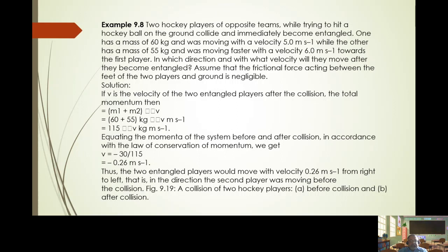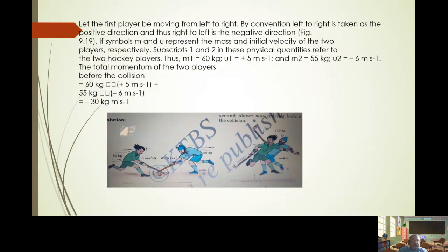You can also refer to figure 9.1.9, the collision of two hockey players before the collision and after the collision. Let the first player be moving from left to right. By convention, left to right is taken as positive and thus right to left is taken as negative.